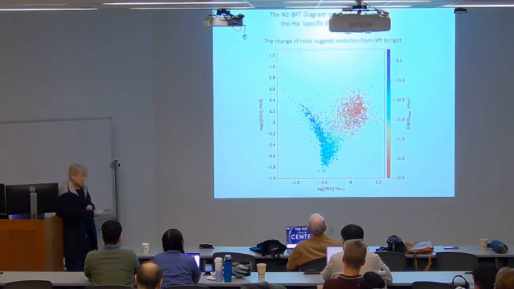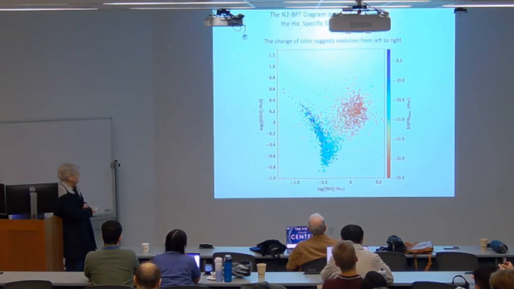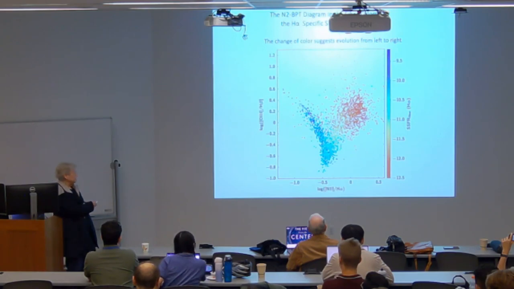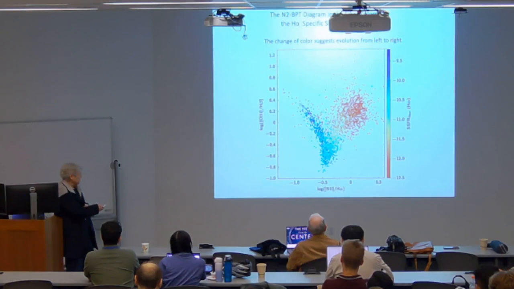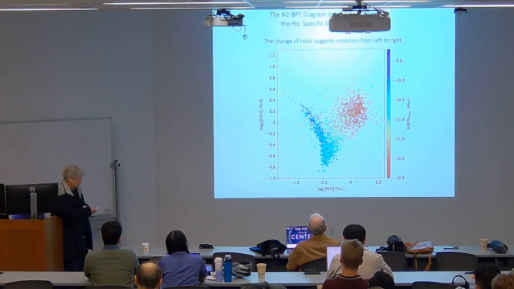Okay, so this is a repeat of that previous diagram at higher scale. And now let's color by another number. Oh, well, before moving on, I'd just like to point out that we're moving generally from blue to red, which means we're moving from high star formation rate to low star formation rate. So this suggests that we should interpret this diagram as an evolutionary diagram in which over their lifetime, galaxies generally evolve from this part of the diagram to that part of the diagram. We can confirm that in a couple of different ways.